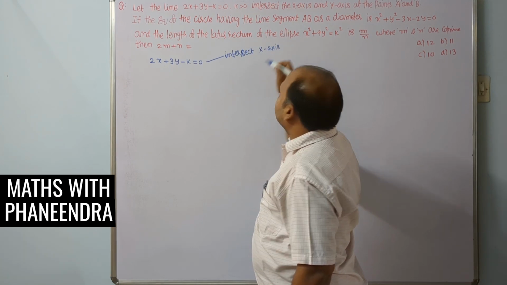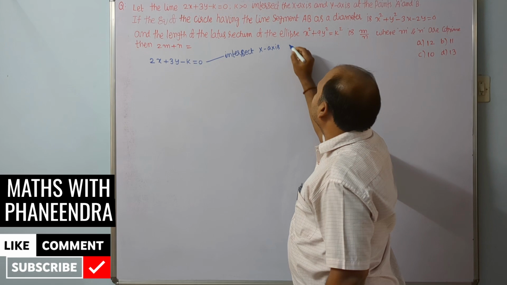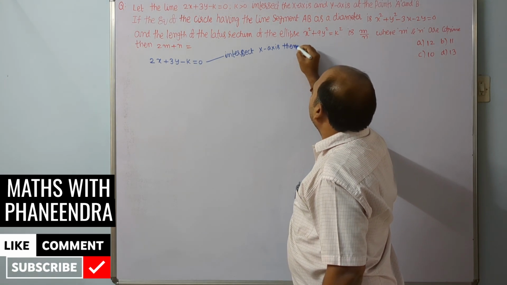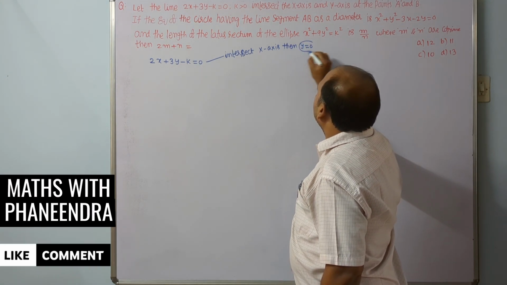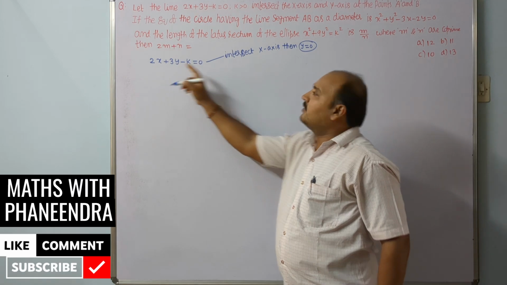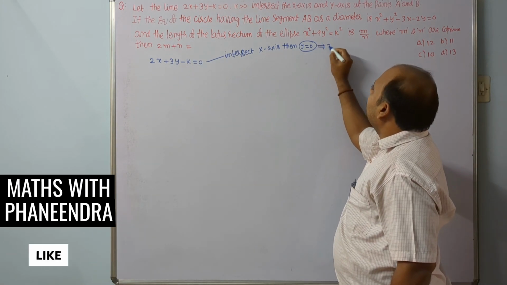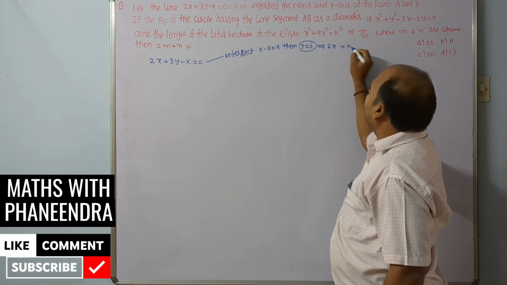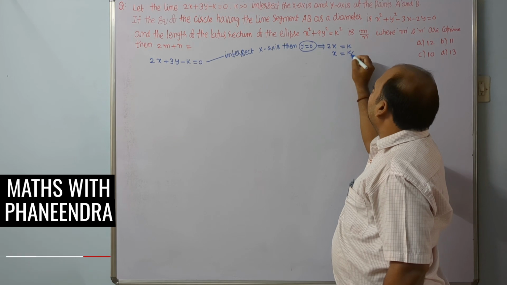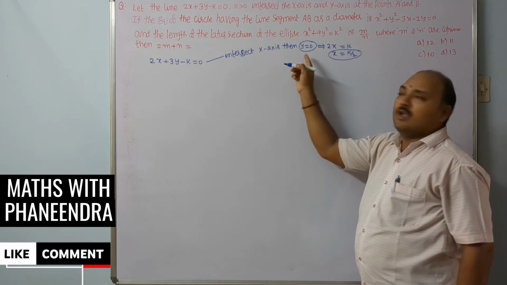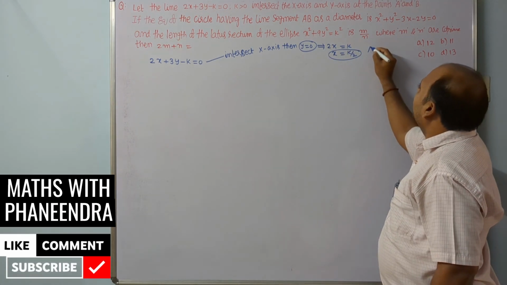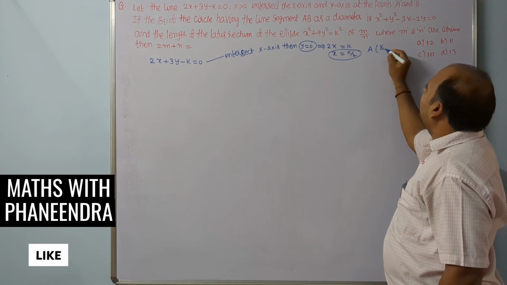Whenever it intersects the x-axis, the y-coordinate is 0, so y = 0. Then 2x = k, so x = k/2. The point A becomes (k/2, 0).